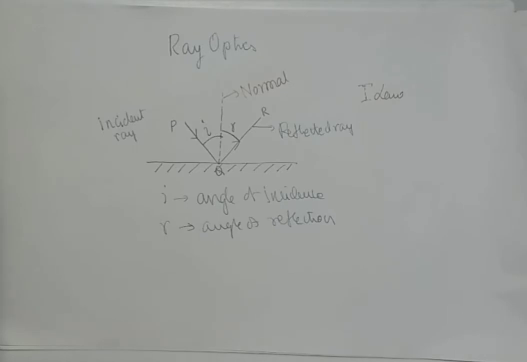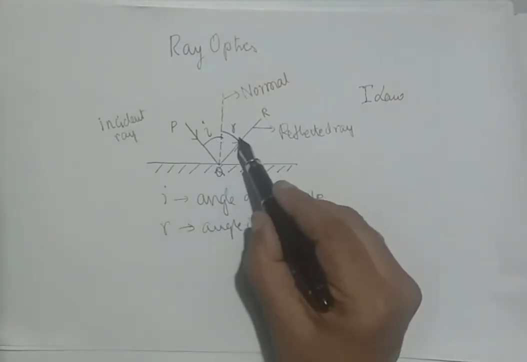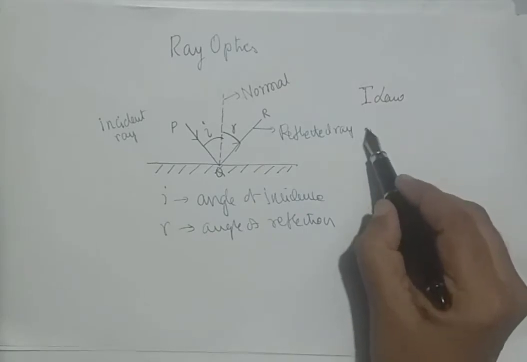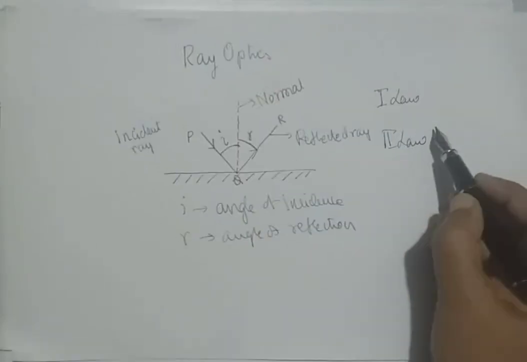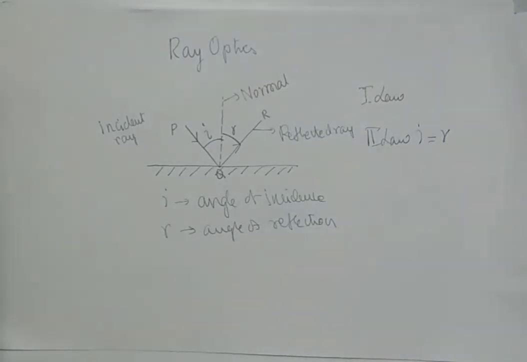The second law is very simple, and it says the angle of incidence I and the angle of reflection R are equal. Let me write the second law here. Angle of incidence is equal to angle of reflection, I equals R. These are the two laws of reflection.